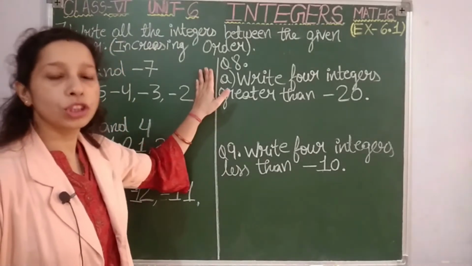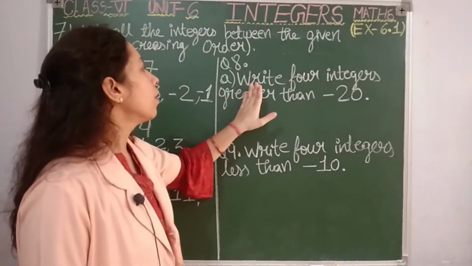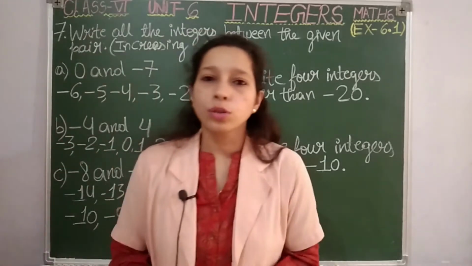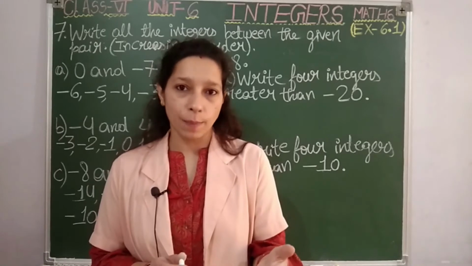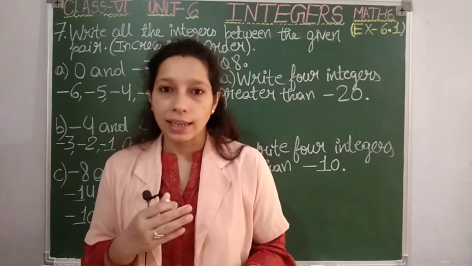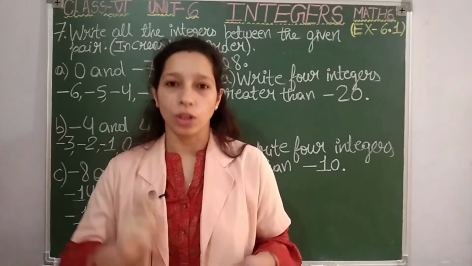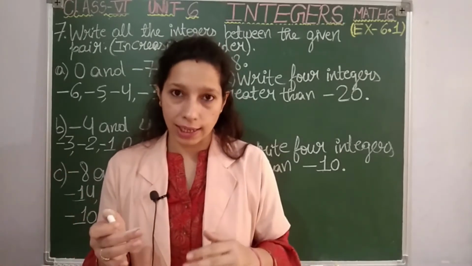Now let us see question number 8, students. It has 2 points. First point: write 4 integers greater than minus 20. So students, any 4 integers you can write, but they should be greater than minus 20. So can you tell which integers we can write? Greater than minus 20, can I write minus 21, minus 22? No, you know the reason. As the negative number increases, its value decreases.